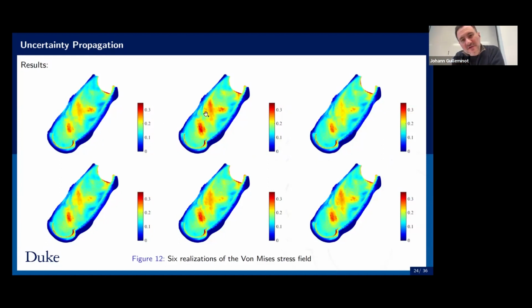What you see is that the localization of the von Mises stress mostly depends on the geometry, which is kind of intuitive. But the magnitude of the fluctuations will depend, of course, on the mechanical parameters. But you could basically use that to design a clinical procedure, or whatever you are interested in for decision-making, accounting for the fact that you're going to have spread in your data.